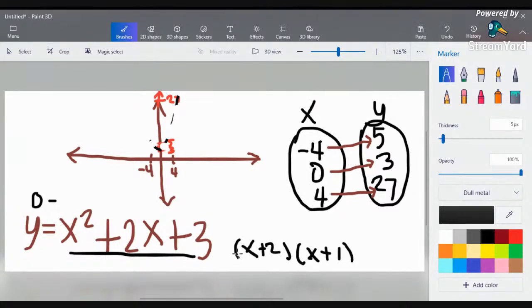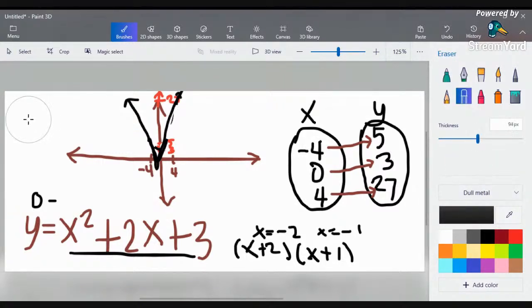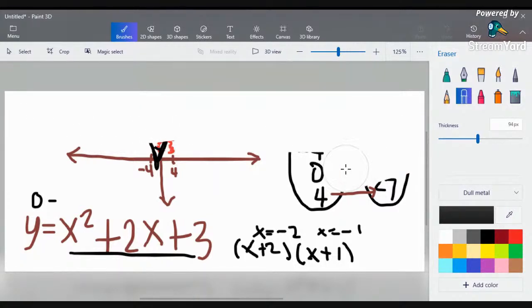So, x equals -2 and x equals -1. So the graph passes through -2, then -1, passing 3, then going up to 27. This will be the graph of your function. Actually, it is a parabola, but my drawing turned out V-shaped because my hand drawing is not good. So, that's it. That will be our answer for exercise 1.